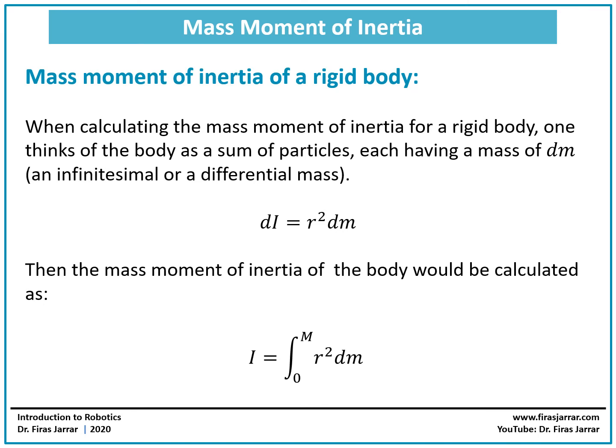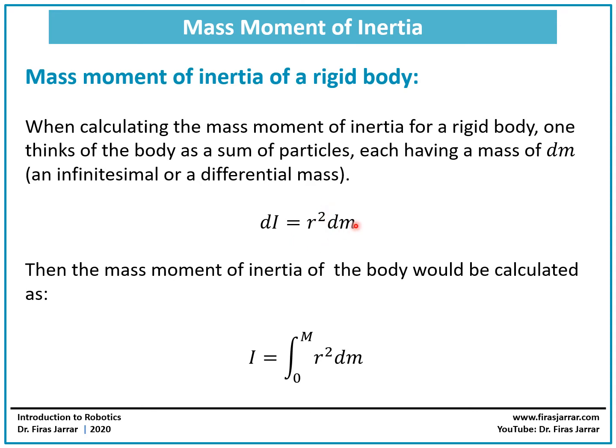For a rigid body, we can simply think of it as consisting of a very large number of point masses or particles, each of which has a differential or infinitesimal mass, dm. In that case, each small particle or point mass will have a differential mass moment of inertia, dI, which is equal to r squared times dm.